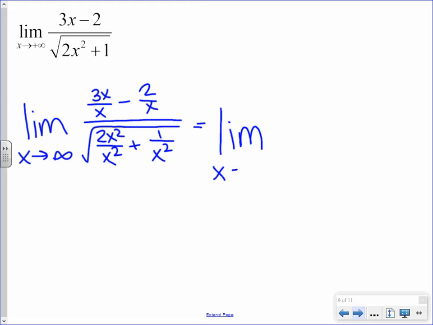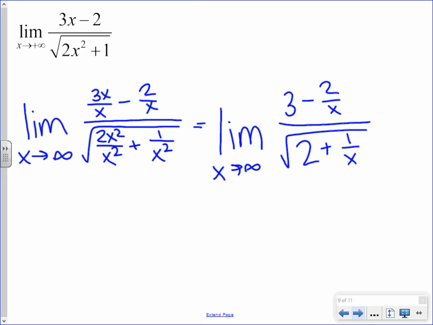We do not have to make any adjustments because if x is positive, the square root of x squared is positive, so this substitution is fine. Okay? So what we have is 3 minus 2 over x divided by the radical of 2 minus 1 plus 1 over x squared. We do this, so this will happen.